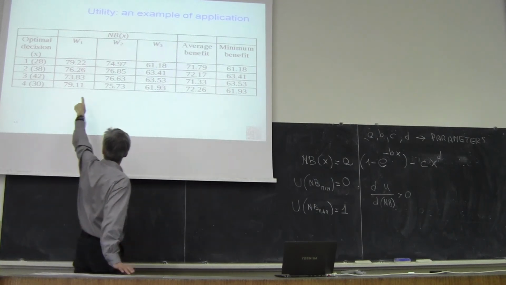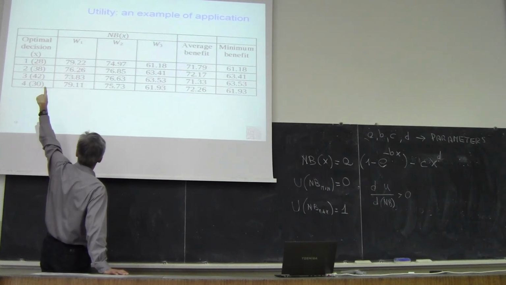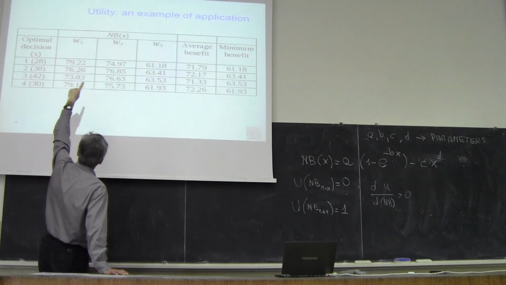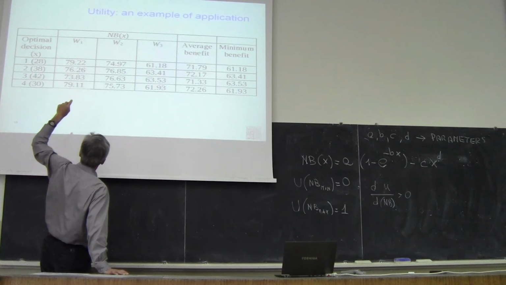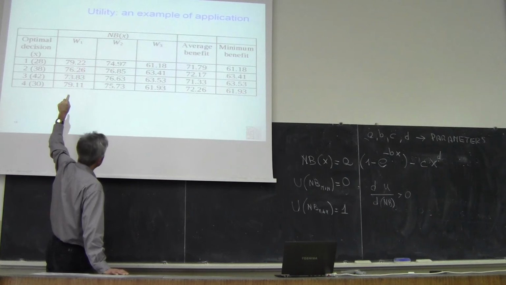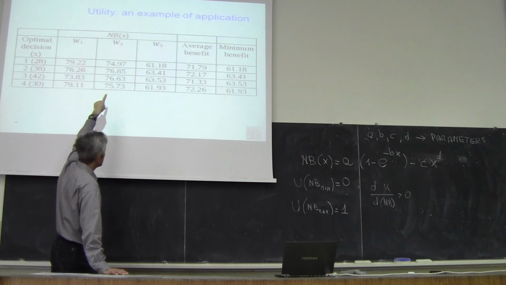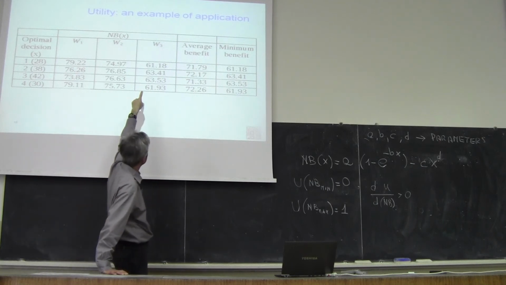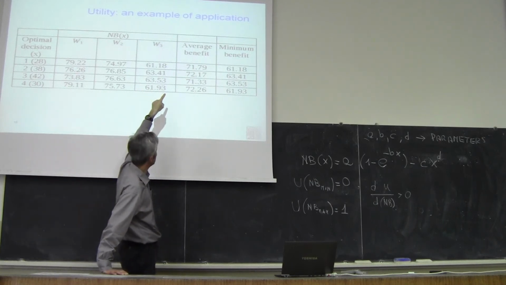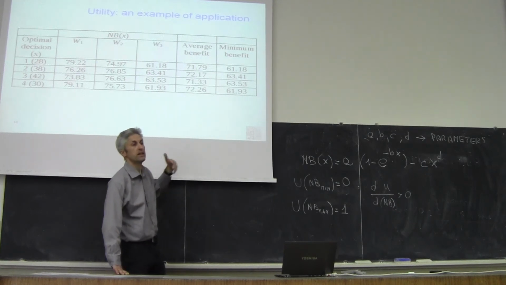So basically, this is the best solution according to the first parameter vector, and you get a benefit of 79.22. According to the second parameter vector, 74.97. According to the third parameter vector, 61.18. The average is 71 and the minimum is 61.18.